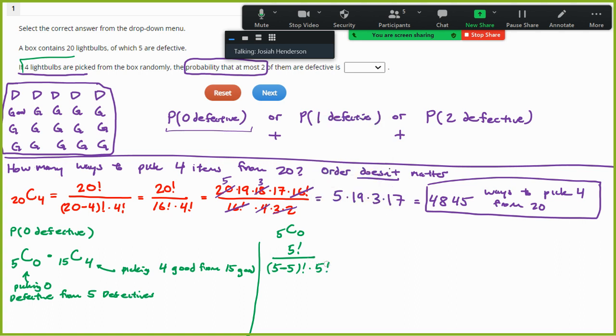Oh, no, I'm sorry. That's 0. And next to it, and we'll work on these as we go, the 15 choose 4. This is picking 4 goods from 15 total goods. So this one's a little more interesting. 15 factorial over 15 minus 4, which is 11, factorial times 4 factorial.